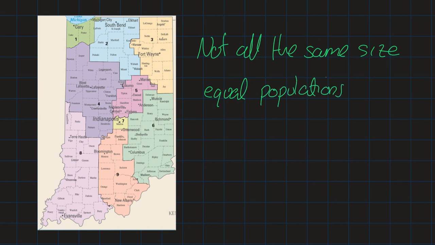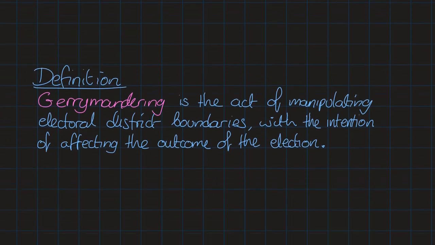Roughly equal. That's why this one's so small, because Indianapolis isn't there, right? So they're supposed to have roughly equal populations, and this is the one that's used officially to determine the House of Representatives. Okay, but the question and the topic we're going to be thinking about is gerrymandering, and gerrymandering is this definition right here.